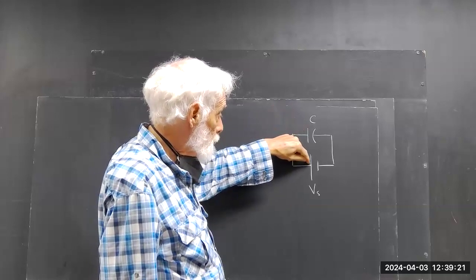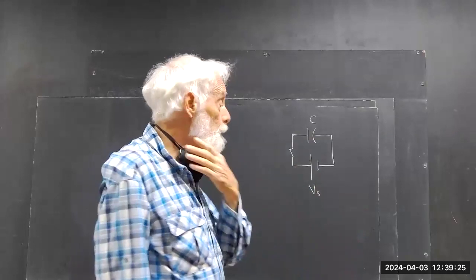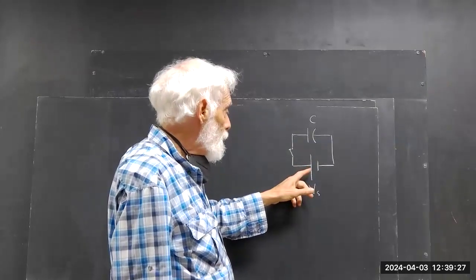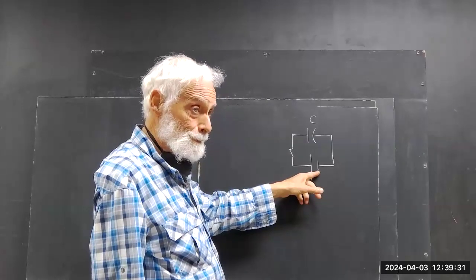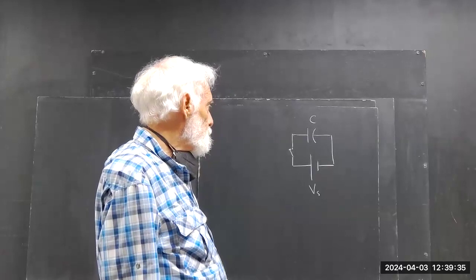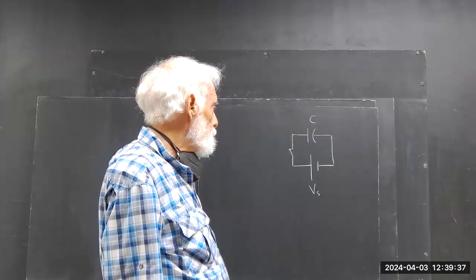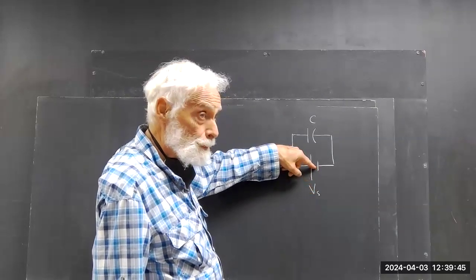When the negative charges get here, the chemical reaction in the battery, or whatever your source of EMF is, then pushes them to the negative side, and they're repelled by the negative plate.